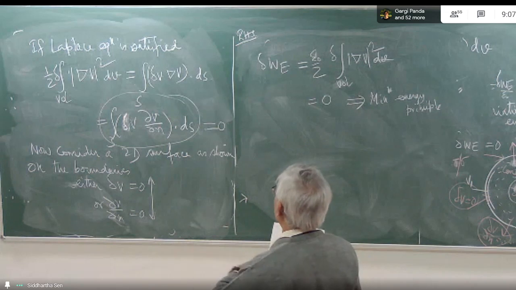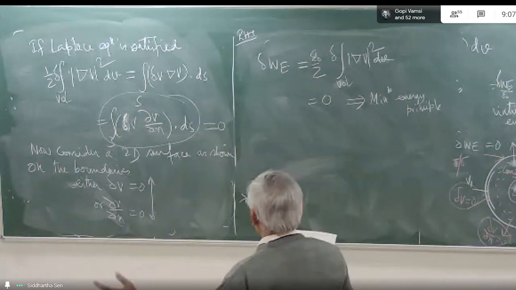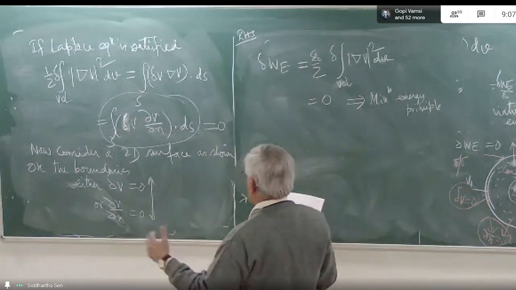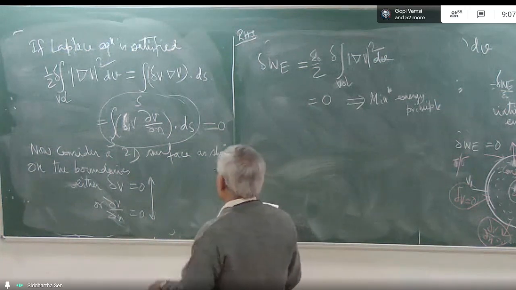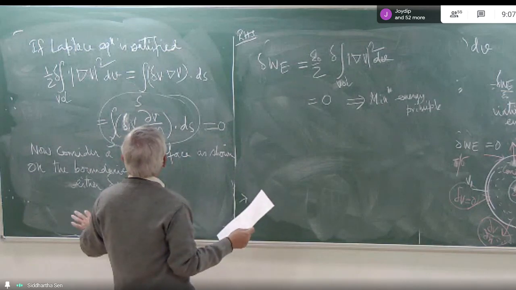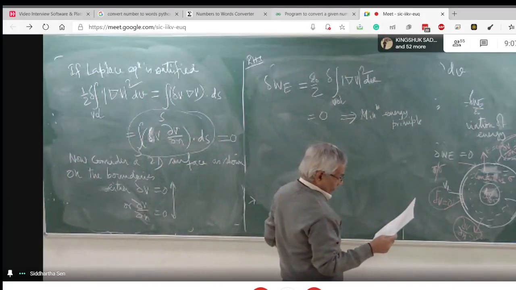So we need not solve the equations directly, as we did in the finite difference method, where we put the boundary conditions on like this. If the boundaries are defined in this manner, this will be automatically satisfied and the Laplace equation will be satisfied.